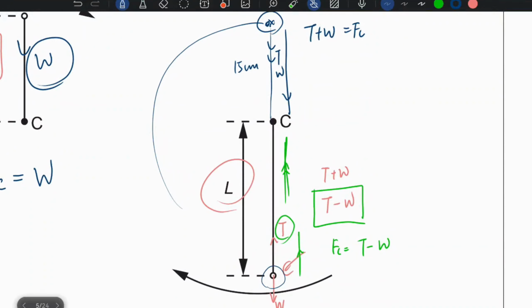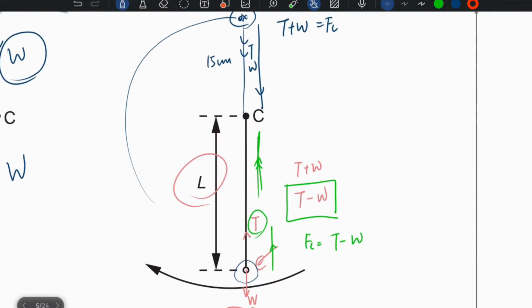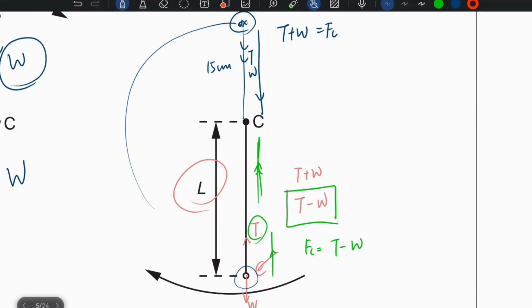Another thing to take note of: if in this question they had asked, at which point will the string snap first, if it was moved very fast? Okay, I think it's not a string, it's a cord, right? Sorry. Which point would the elastic cord snap first? Your answer would be the bottom.